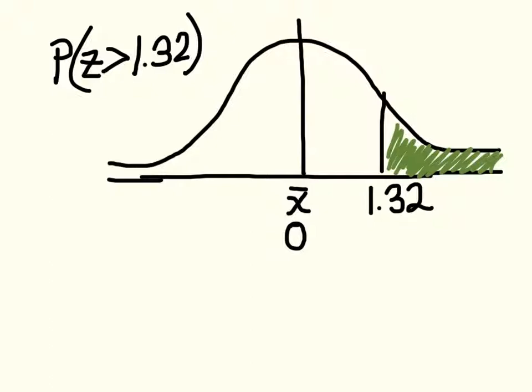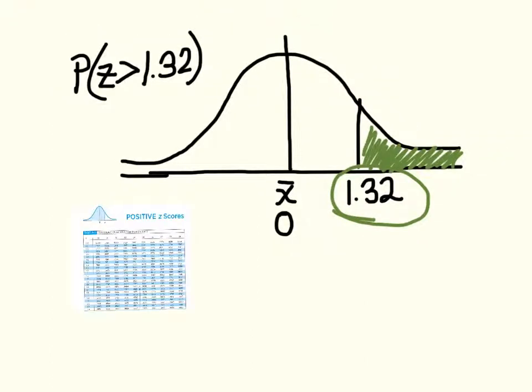In order to use our z-table to find this value, we look at our positive z-score because we're looking for positive 1.32. So let's take a look at that chart. Let's compare what we have with what we're looking for.